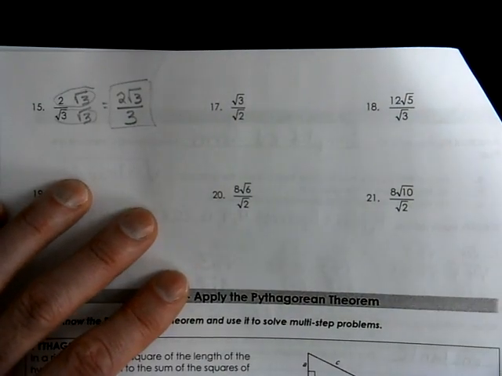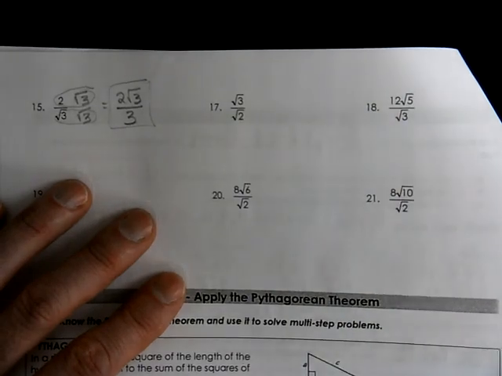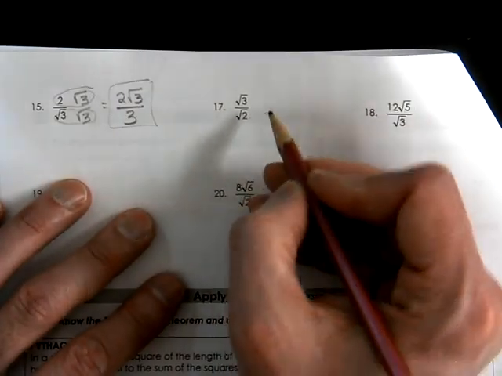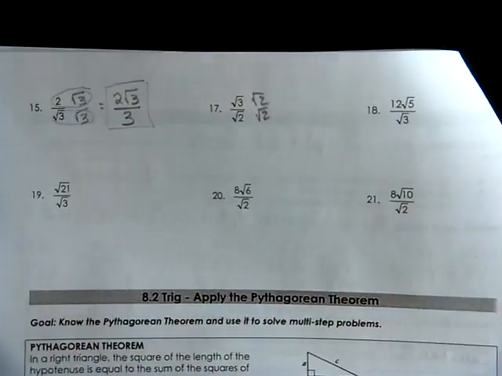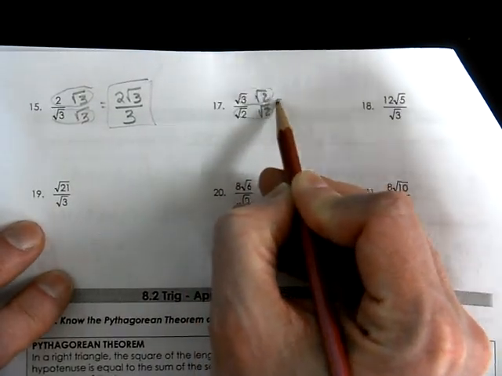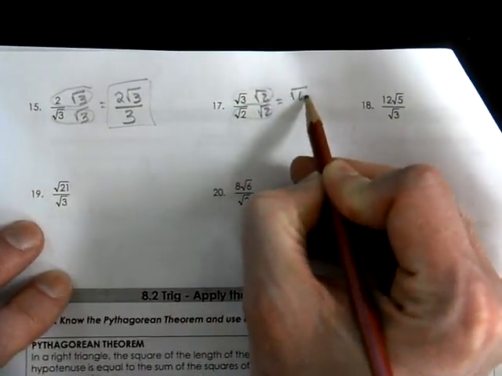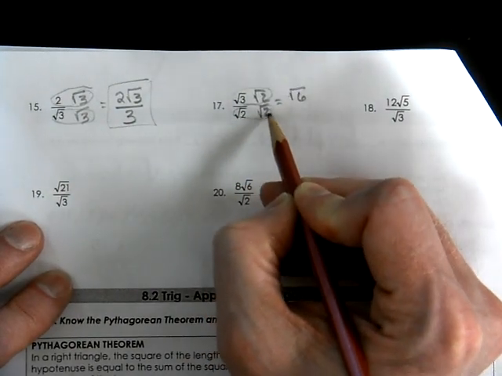What do you see? How are we going to rationalize the denominator? Multiply the square root of 2 to the top of the fraction and to the bottom of the fraction. So then we multiply straight across, and that gives us the square root of 6 over root 2 times root 2.